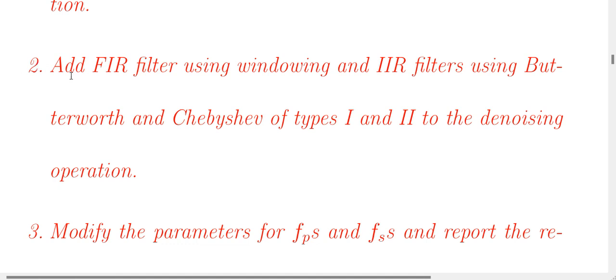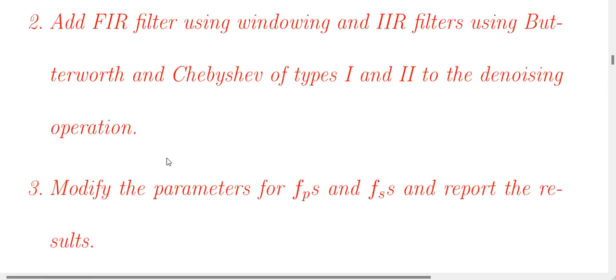Anyhow, second part. Add an FIR filter using window-based design and IIR filters using Butterworth and Chebyshev types 1 and 2 to the denoising operation and make a comparison between the outputs of each of the suggested filters.